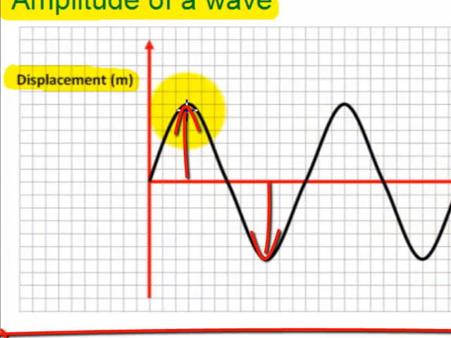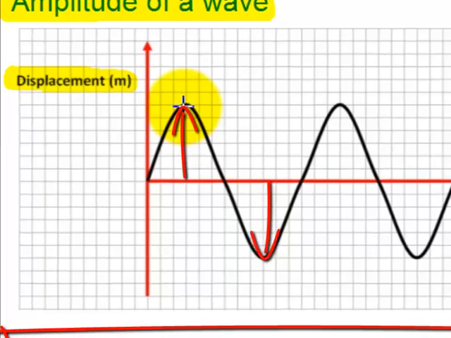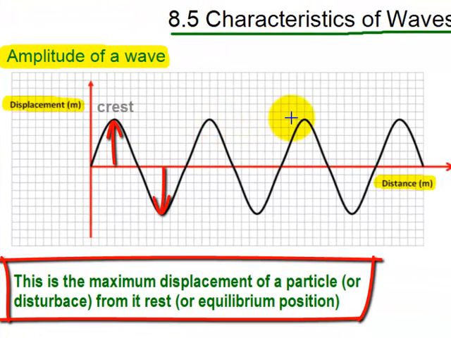Wherever we have crests of a wave, this is a crest, this is another crest, another crest, another crest. That distance from equilibrium position, this line represents the equilibrium position, all the way to the crest is what we refer to as the amplitude of the wave.